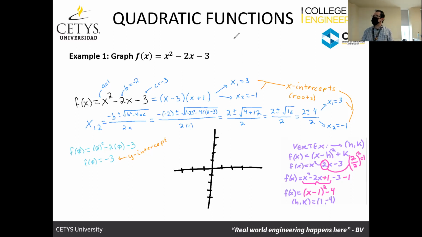And let's locate these coordinates. So the intercepts, we had the intercepts at -1 and 3. So we had an intercept here at -1 and another one here at 3. Those are the x-intercepts. We had a y-intercept at -3 here. And the vertex is going to be at 1, comma -4.